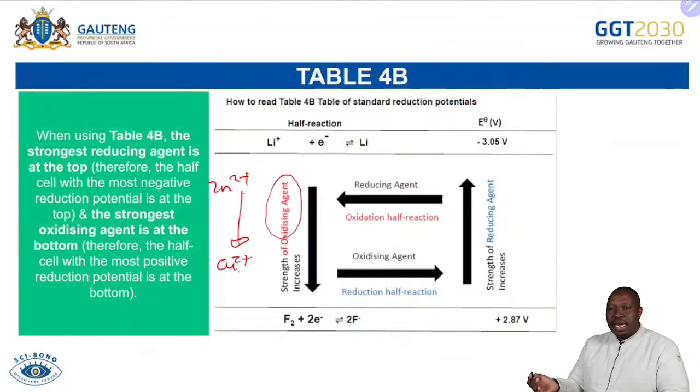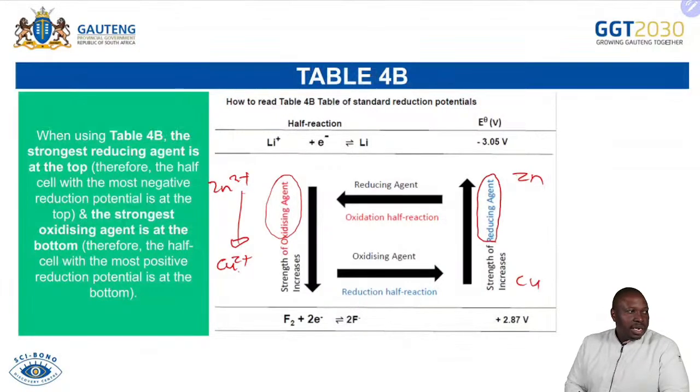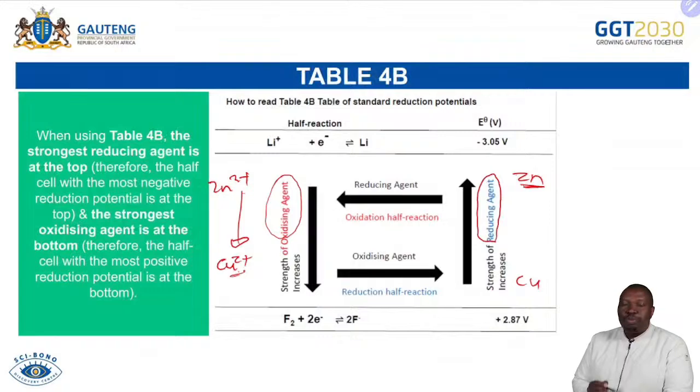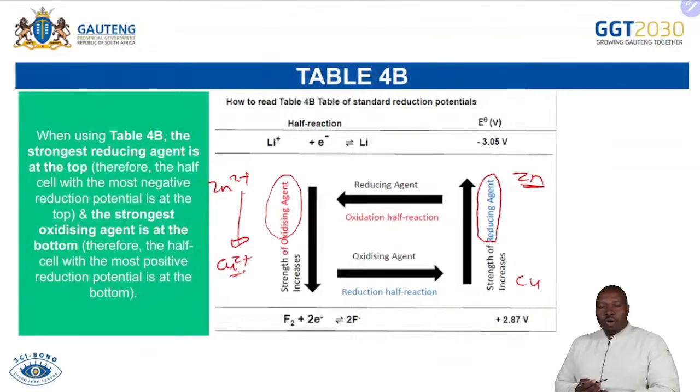And if you check on the right of your table, where you have zinc and copper, as you go up the strength of the reducing agent increases. So the reaction will be between zinc, which is a stronger reducing agent, and copper 2 plus, which is a stronger oxidizing agent.